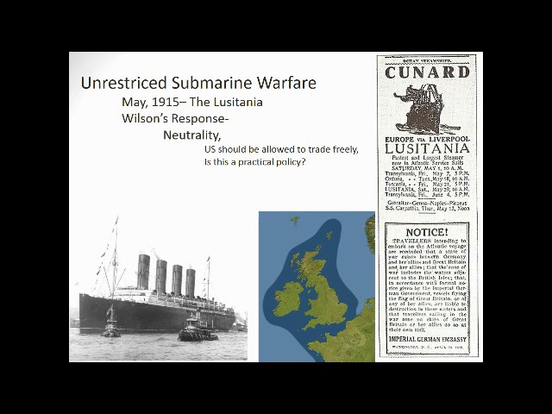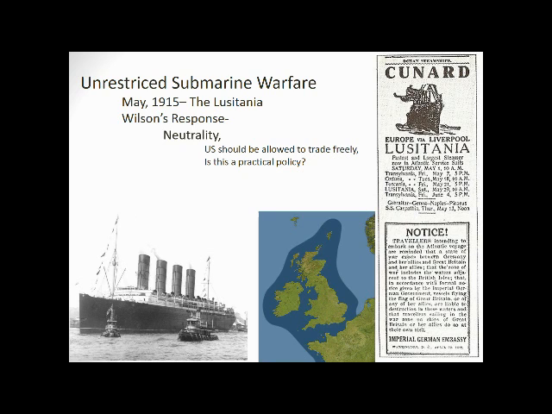And so Germany was being starved out, and the only real answer for the Germans was to respond with their own kind of naval war, and this was unrestricted submarine warfare. This meant that the Germans would use their U-boats, and I'll show you a picture in just a minute, to sink any vessel they deemed to be supporting the war effort of the Allies.